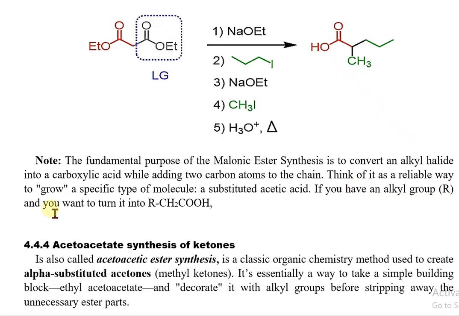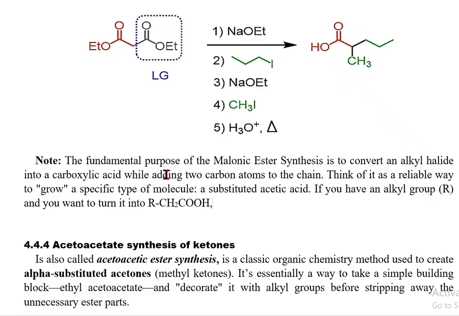If you have an alkyl group and you want to turn it into RCH2COOH, that is, convert the alkyl group to a carboxylic acid derivative with an additional carbon atom.